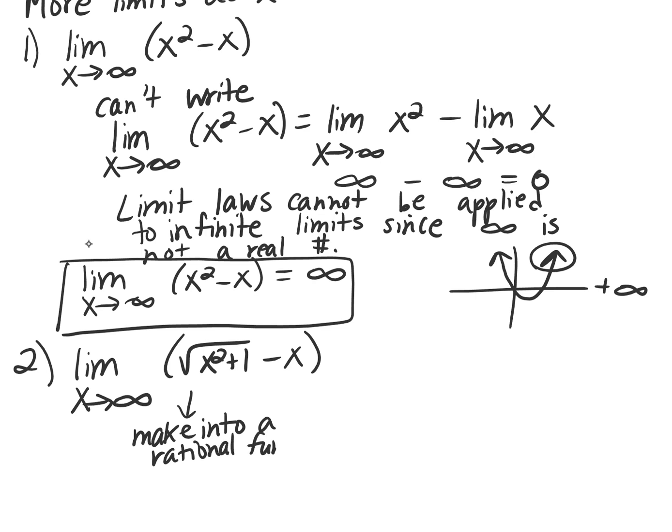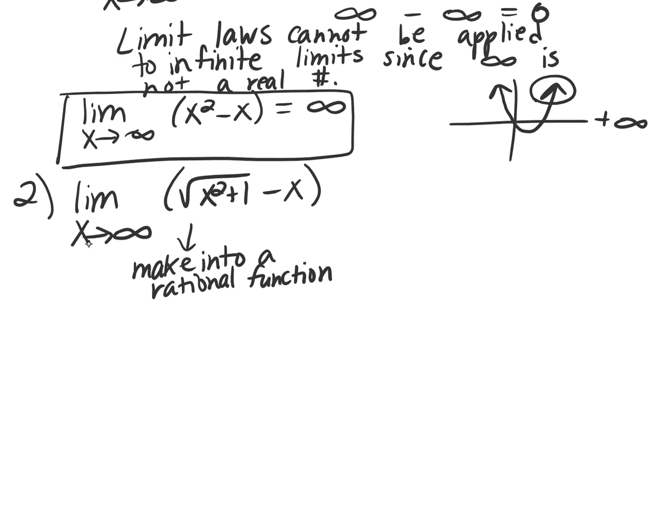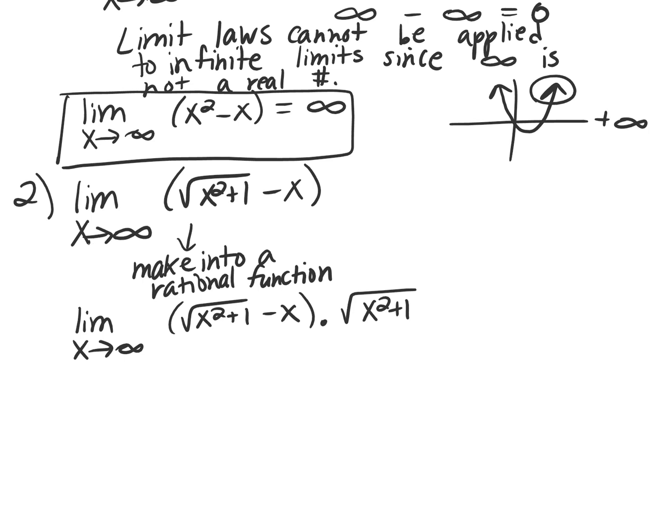You might be thinking, why the heck would we do that? Make something that's not a fraction already into a fraction. It does allow us to then use some of the techniques that we were using before with dividing out the highest variable on the numerator and denominator. So the way we're going to do that is we're going to multiply by the conjugate.